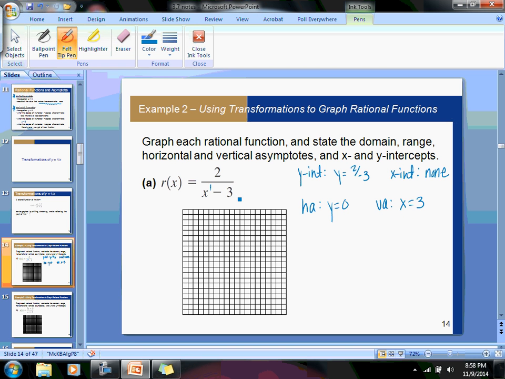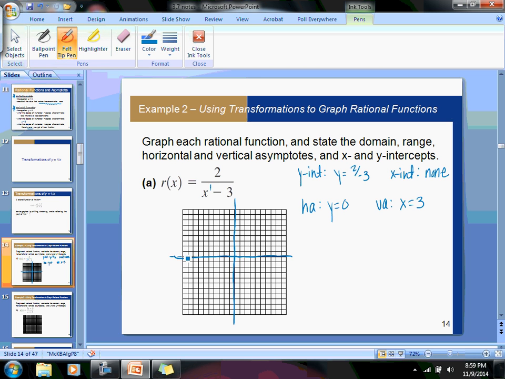So now, if I were to graph this, let me put in my axes. And after you have that, the very first thing I like to graph, even before I make my table of values, is the horizontal asymptote and the vertical asymptote. So my horizontal asymptote was y equals 0.